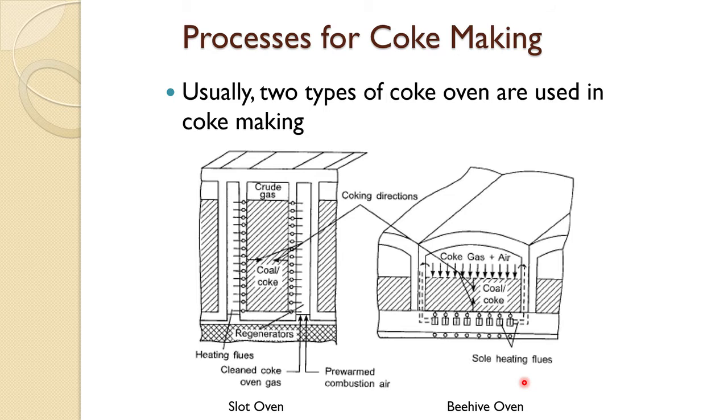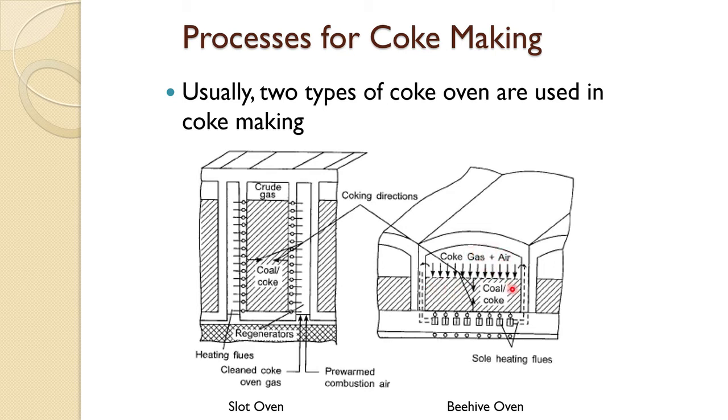Beehive ovens are also known as non-recovery ovens. When you say non-recovery, it is not entirely non-recovery, but in terms of pollution it reduces the pollution. You provide the heat from the bottom and from the top with less air.